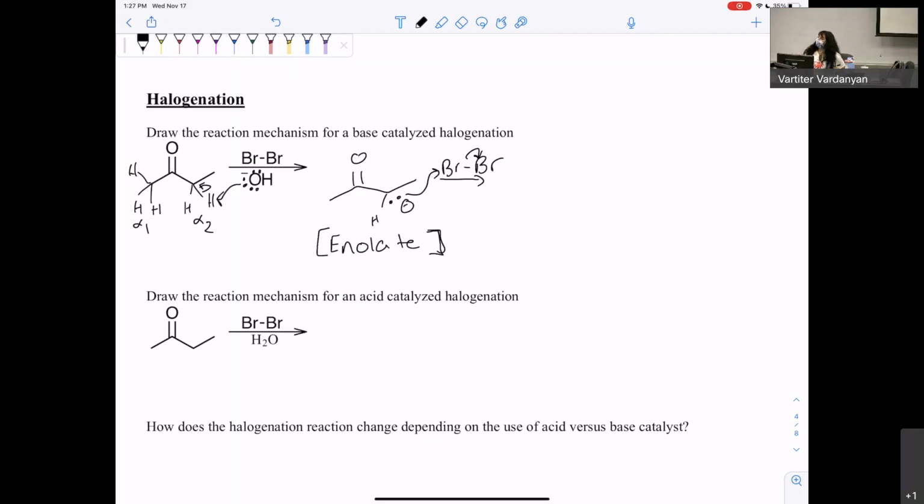So this is the only time the ketone is going to be the nucleophile for the purposes of this class. Yes, so specifically the alpha carbon is the nucleophile. So at this point, we go ahead and we add a bromine here.